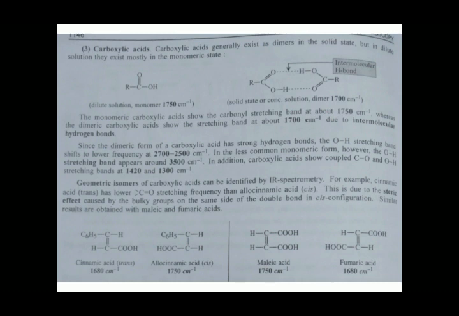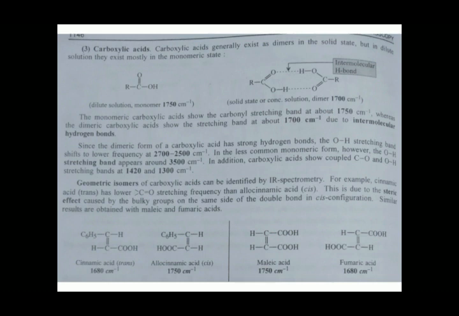Cis position means the functional groups are on the same side, and trans position means the functional groups are on the opposite sides. This is due to the steric effect caused by the bulky groups on the same side of the double bond in cis configuration. Similar results are obtained with maleic and fumaric acid, where the frequency of maleic acid is 1750 cm inverse and fumaric acid is 1680 cm inverse.